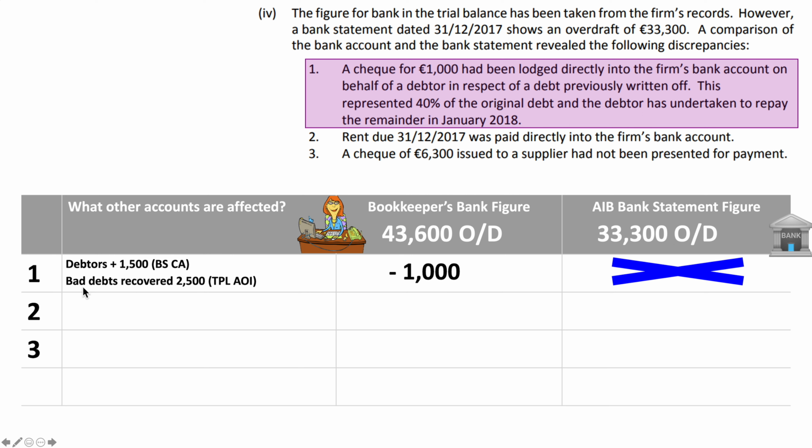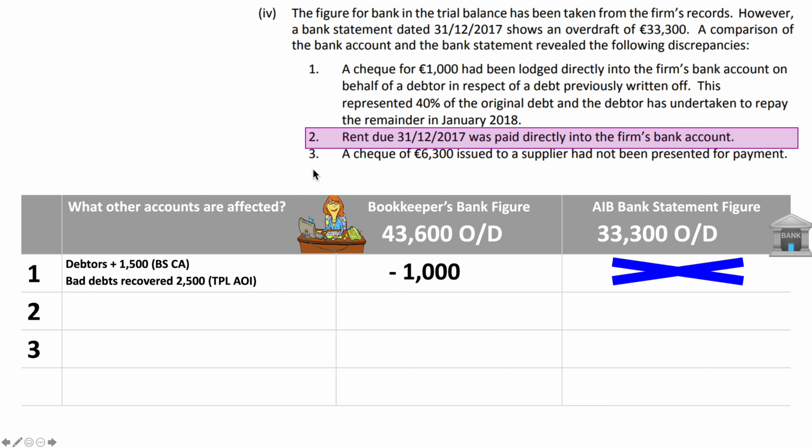Then bad debts recovered is going to be the entire amount, 2,500. So if we think of this with regards to T accounts, 1,000 debited in the bank account, debtors 1,500 debited in the debtor account. Bad debts recovered, revenue, we credit that 2,500. So your debits and credits equal there.